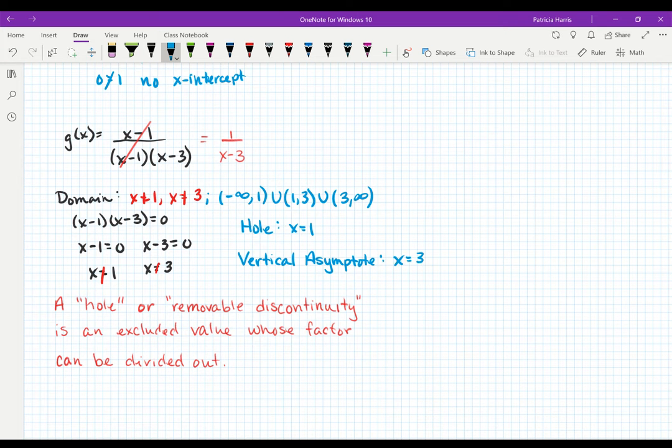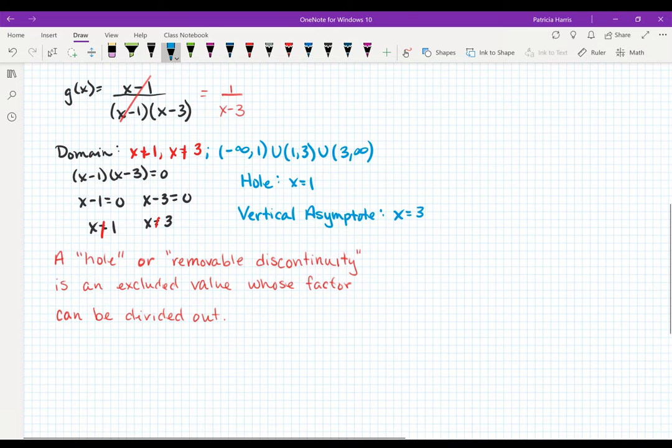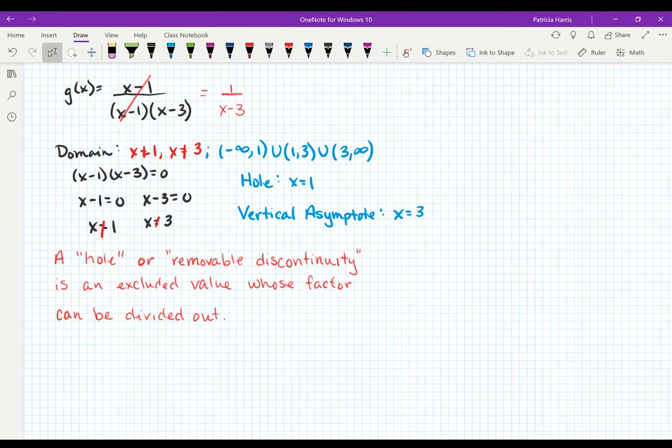So we do have that vertical asymptote going on. Now let's look for our x and y intercepts and let's see if that helps us graph. So let's do my x-intercept first. Let's see if I have an x-intercept. When you do x and y intercepts, it's perfectly okay to use the most simplified version now.